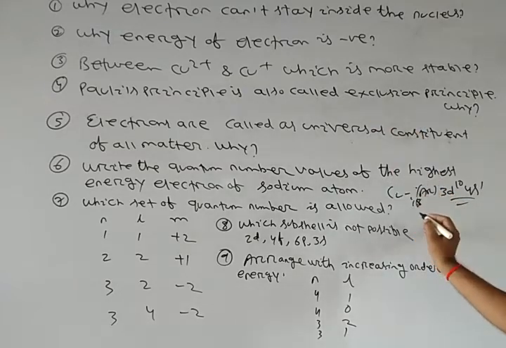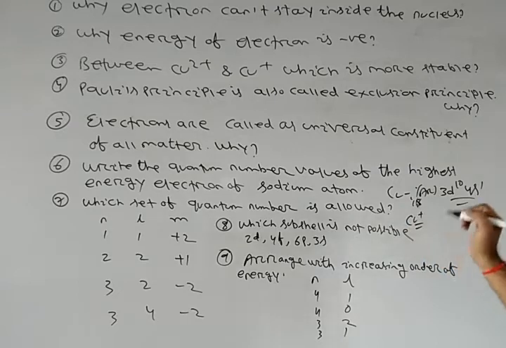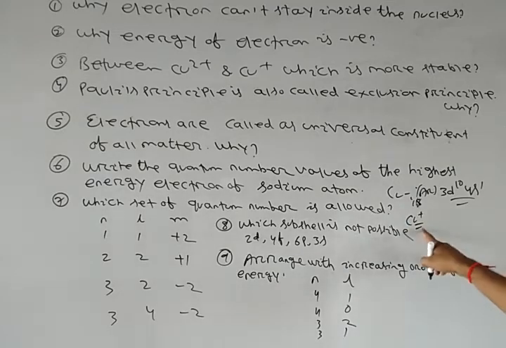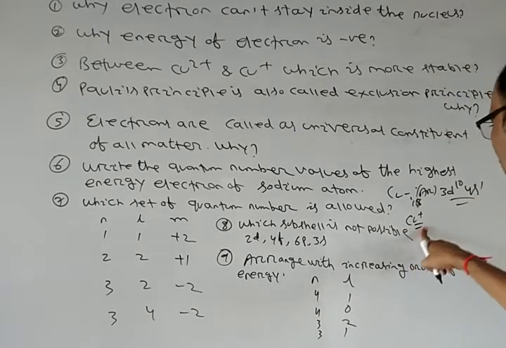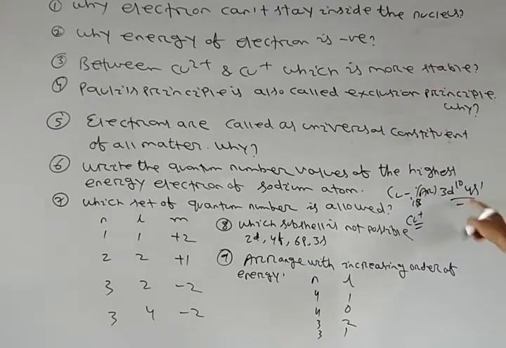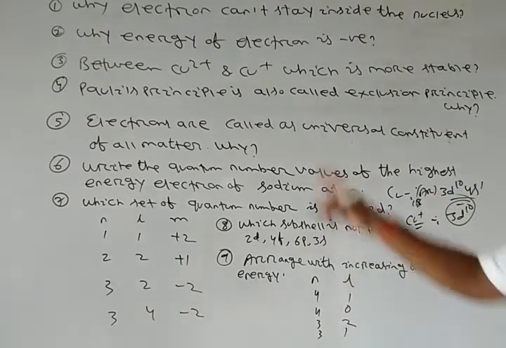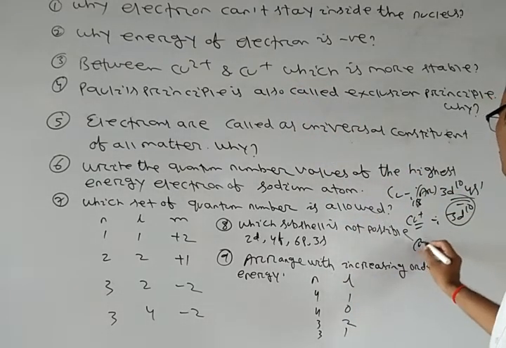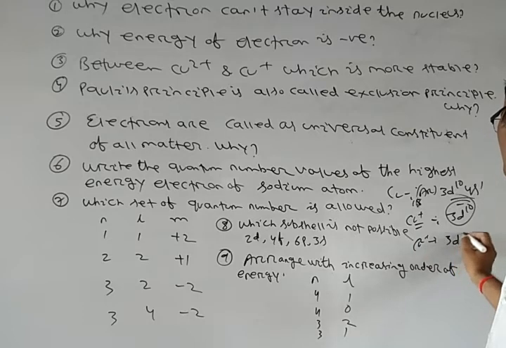Now when we have Cu+, one electron will be lost from 4s, because 4s is the outermost orbital. We will get 3d10. But for Cu2+, we will have 3d9.